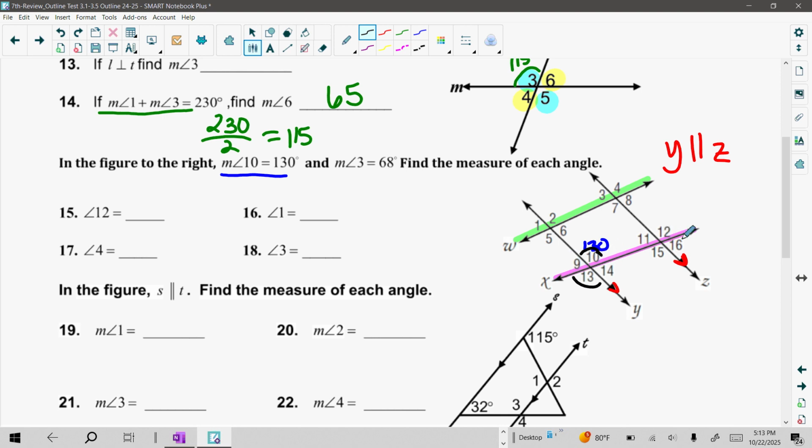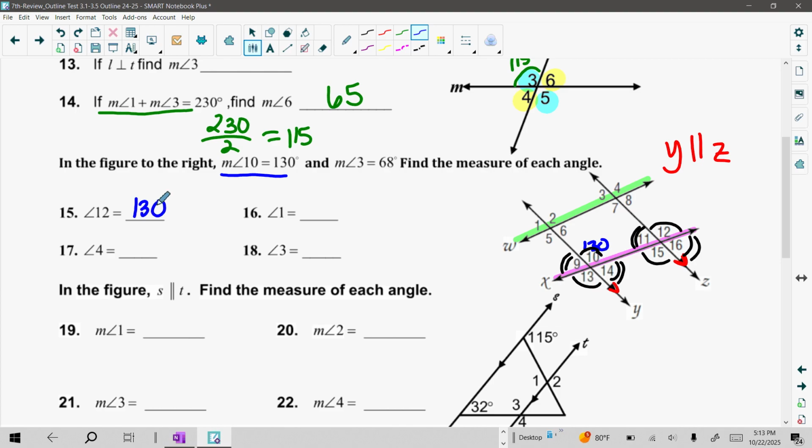The pattern is going to copy. And then the acutes are going to be congruent, so I'm going to do a double arc. So using angle 10 is 130, what would angle 12 be? Well, if you look, they're in the same position. They're corresponding. So angle 12 would also be 130.